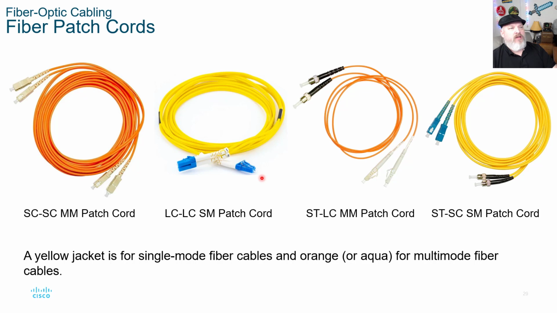So if you're going to go between servers, or between routers that have fiber cards in them, you're going to use some type of pre-made cable at a particular length. You're not going to cut your own cable and make your own fiber optic cable, unless you have special training and special tools. But you're going to use what they call patch cords. And a yellow jacket is for single-mode, and orange or aqua is for multimode fiber.